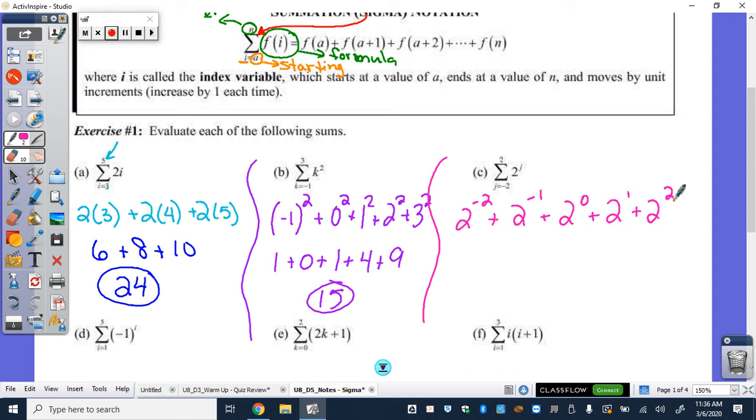And that's where we're going to stop, because the number up top is a +2. So 2 to the -2 gives us 1/4. And then 1/2, and then +1, +2, and then +4. So what do we end up with as our final answer? 7 3/4, 7.75.